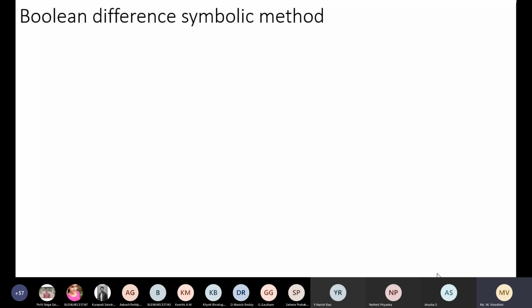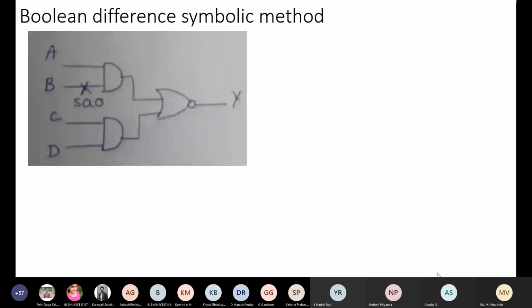So first step, this is the circuit given to you. For this algorithm, you need a circuit and also a fault. Here, one fault is specified. Remember, in all these algorithms, Boolean difference, PODEM or D algorithm, you have to identify the test vector by introducing faults one by one only.